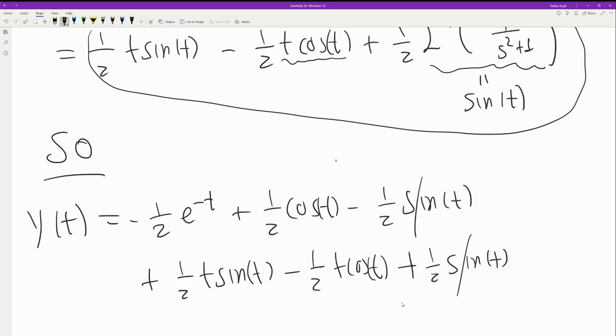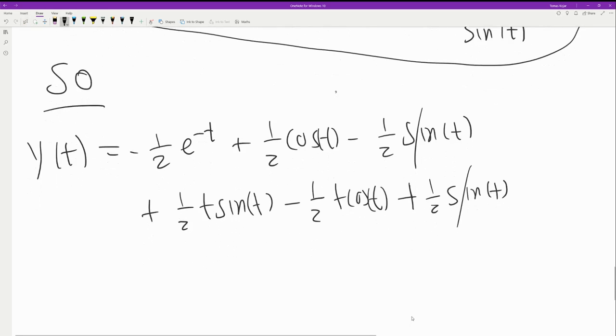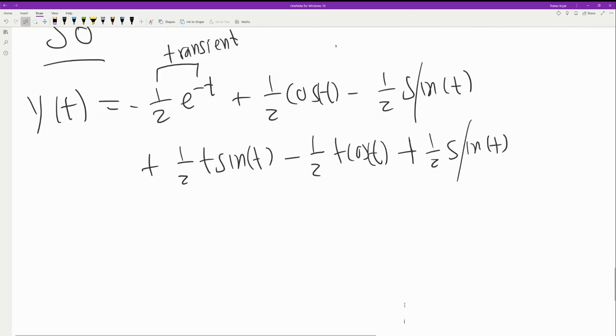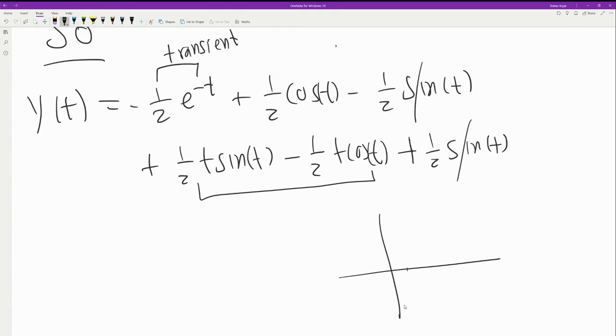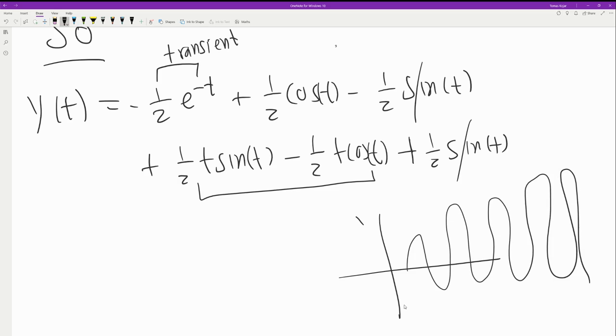So they cancel out. And that's the solution. And this guy is transient. And this is the dominating term. So it would be something of this form. Okay, thank you.